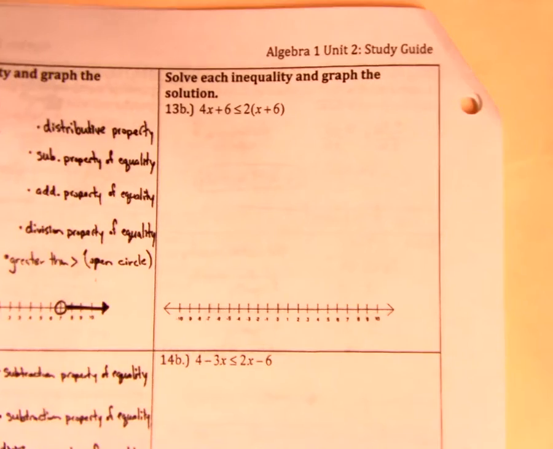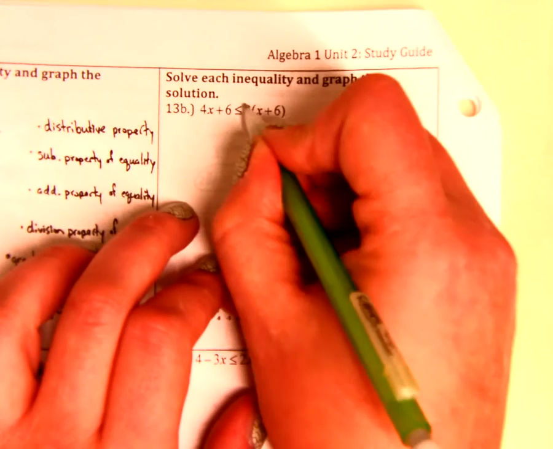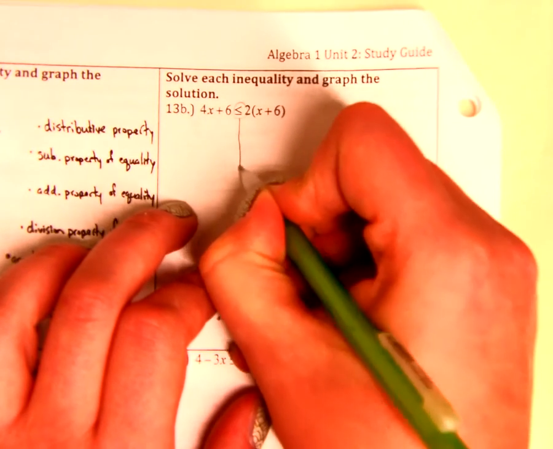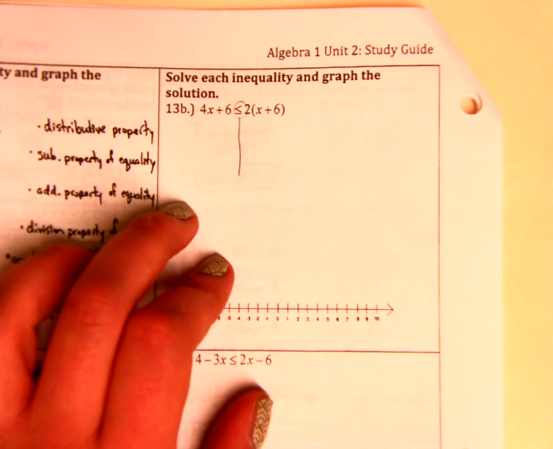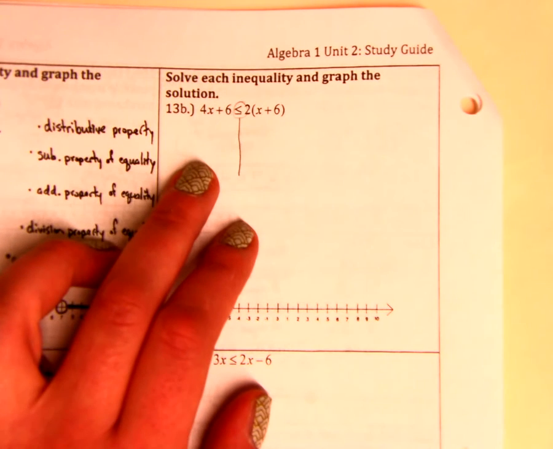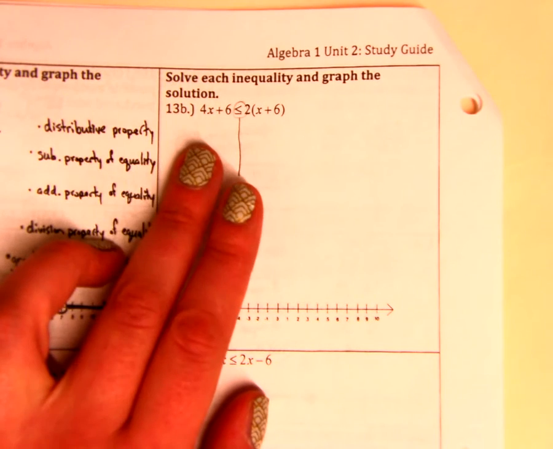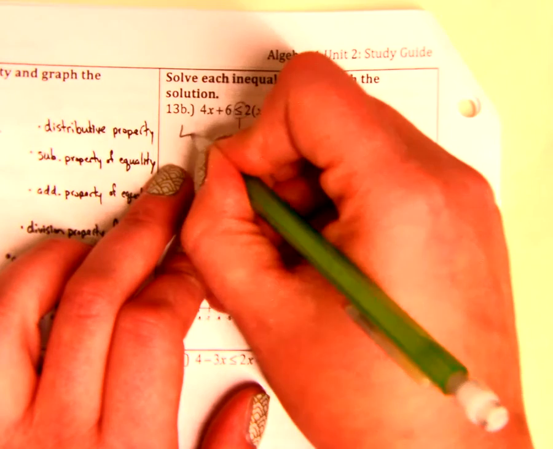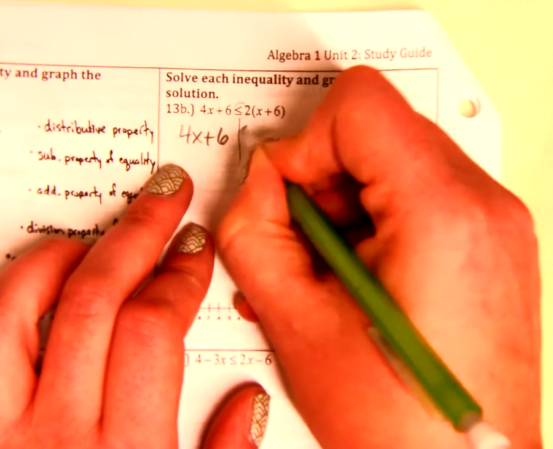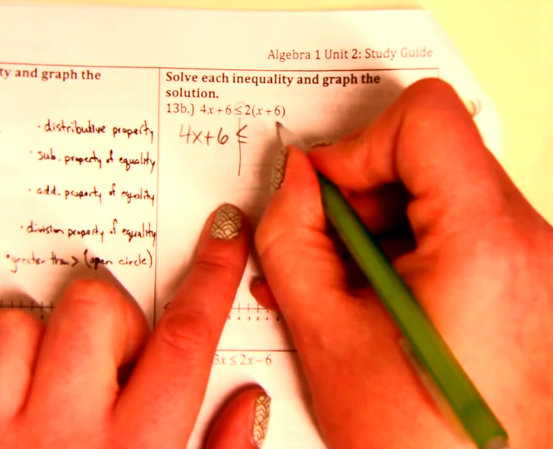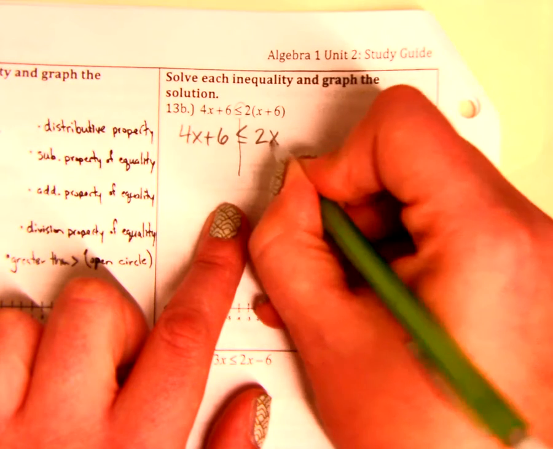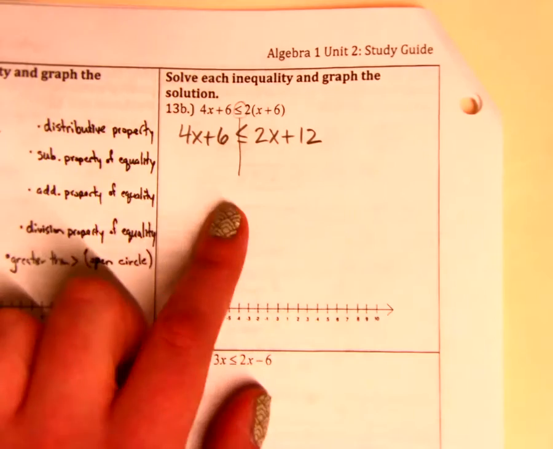We've got another multi-step inequality right here. This time it's variables on both sides of my inequality sign. So what we're going to do is look and see, is there anything that we can simplify on this left side? The answer is no. Anything that we can simplify on the right side, and that's yes, we're going to distribute.